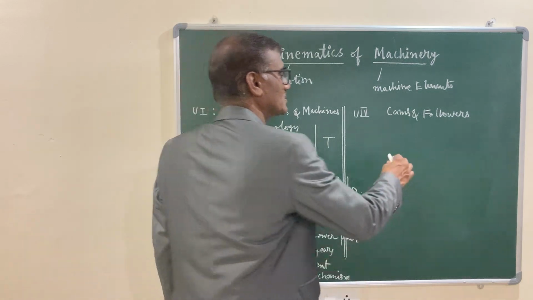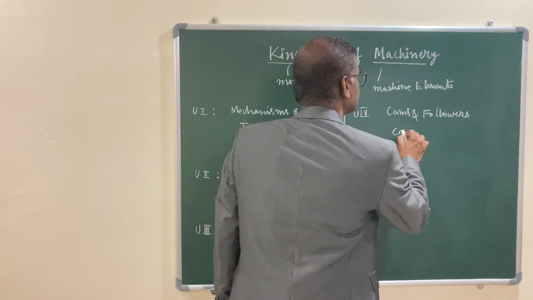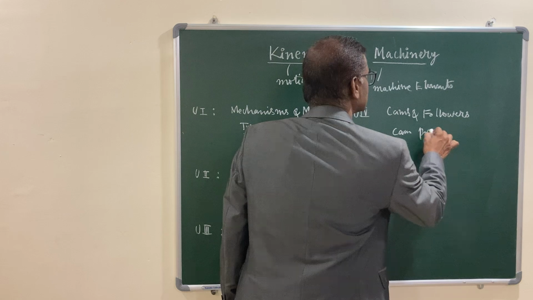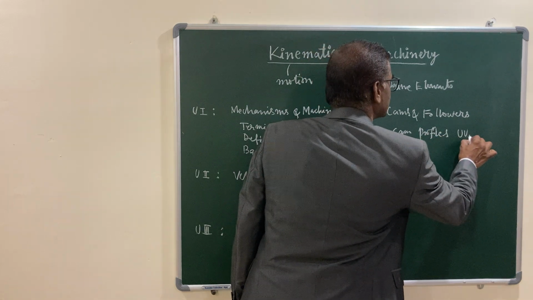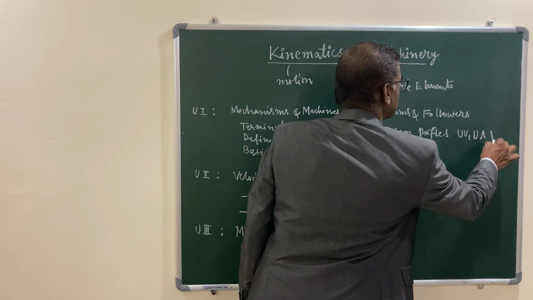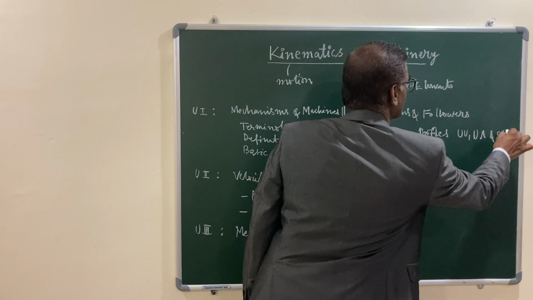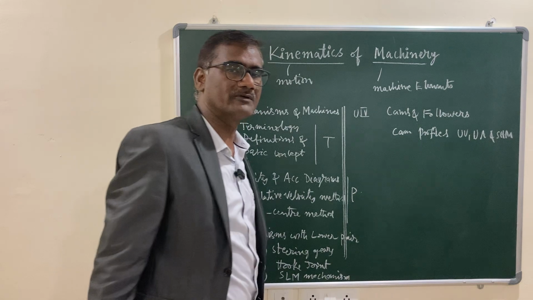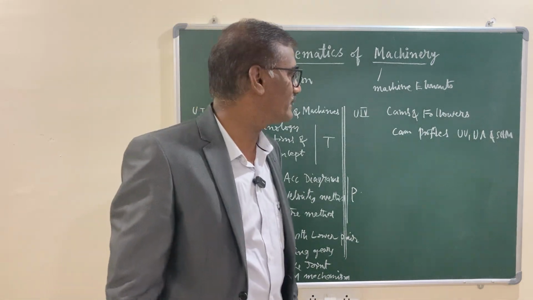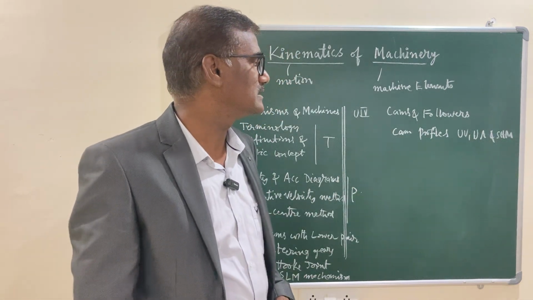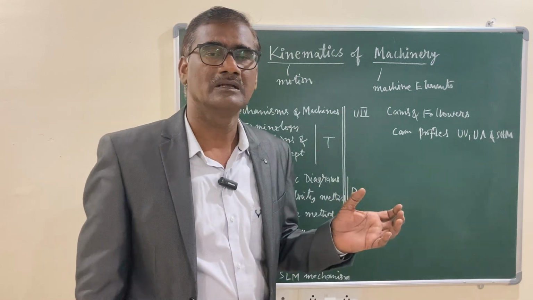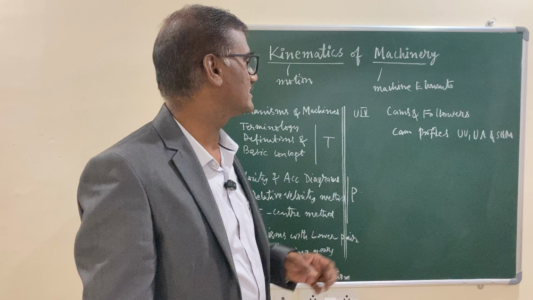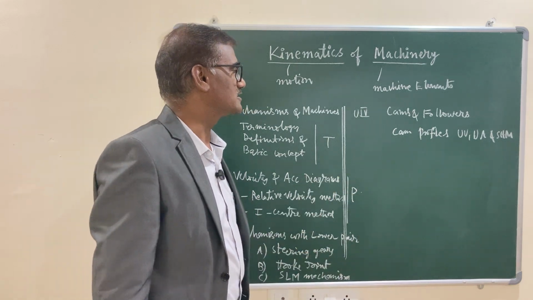Apart from that, you are going to construct cam profiles with uniform velocity, uniform acceleration, and simple harmonic motion. You have three types of cam profiles. That means the follower moves with uniform velocity, uniform acceleration, and simple harmonic motion. How to design the cam profile, that you will be learning in this unit.